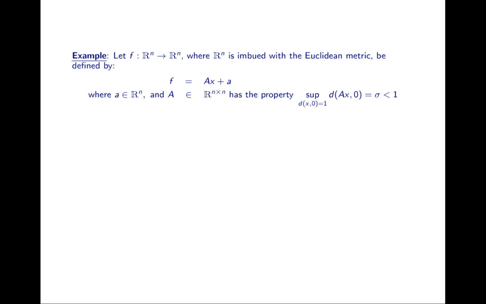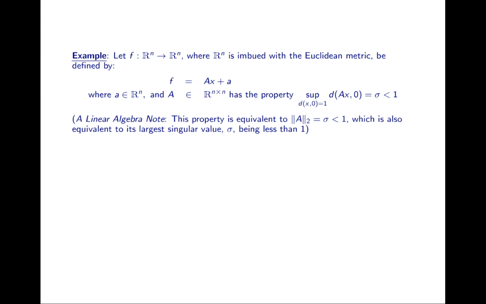The distance of my mapping Ax is less than the distance of x from 0. So a linear algebra note, that supremum property is equivalent to just saying that the 2 norm of A, which is also the largest singular value, is less than 1.